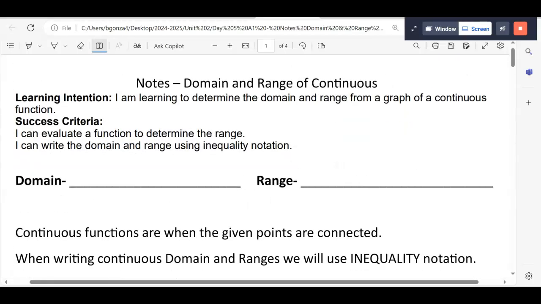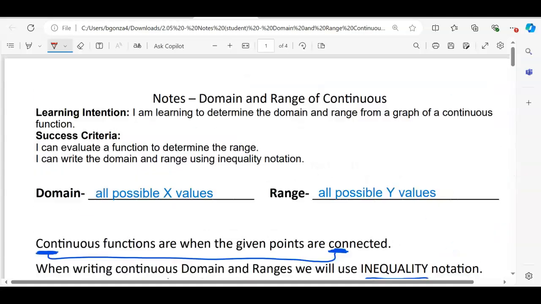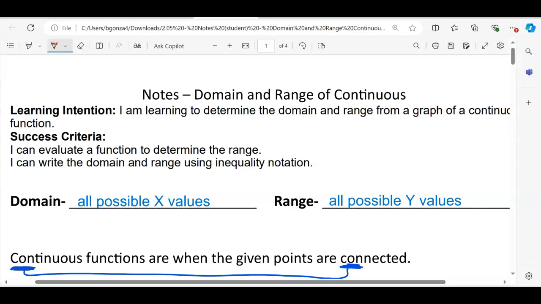Domain and range is all possible x values is domain, and all possible y values is range. Please write this down. We kind of already knew this.